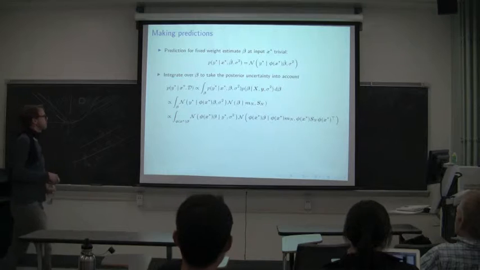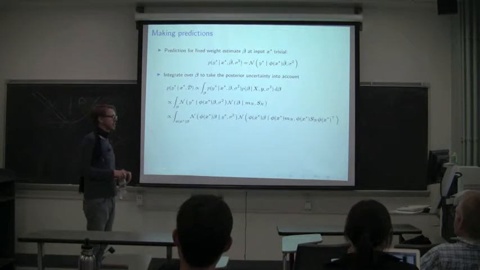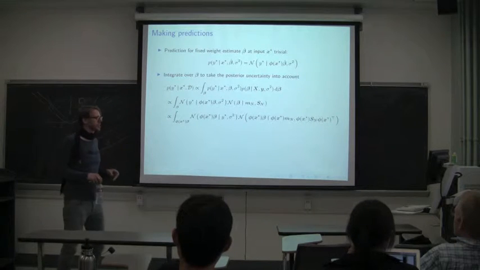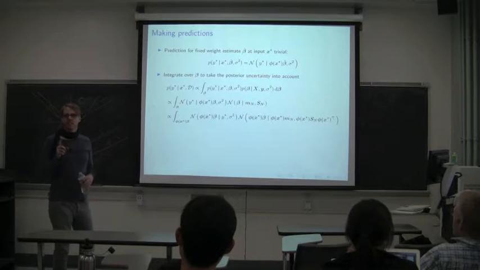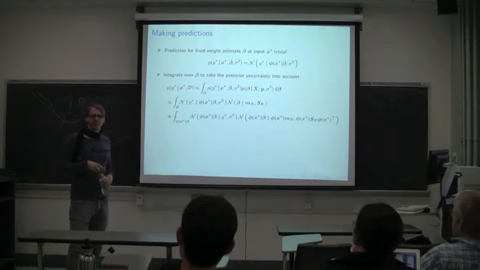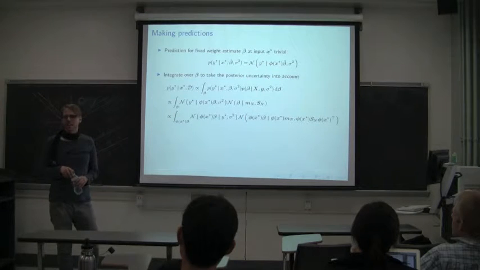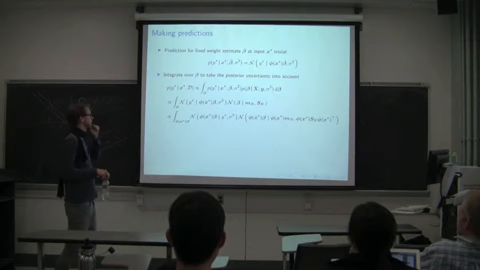Well, how can we solve that? That's something I won't go through completely today. I encourage you to do it as a homework exercise. I put a link to some Gaussian identities online that are quite helpful, but I'll show you some little tricks.